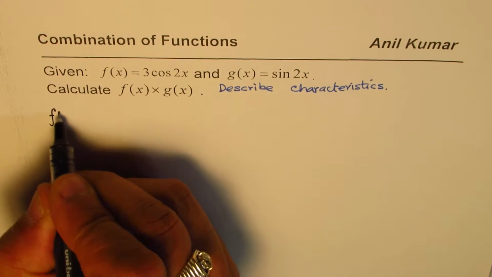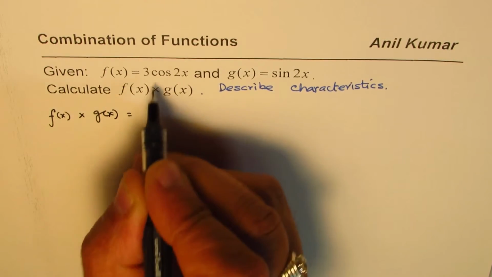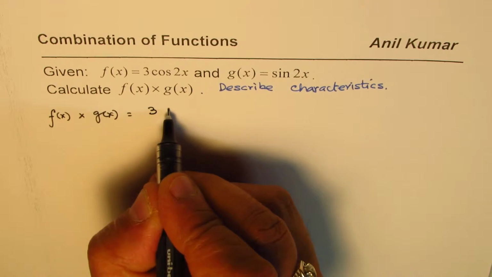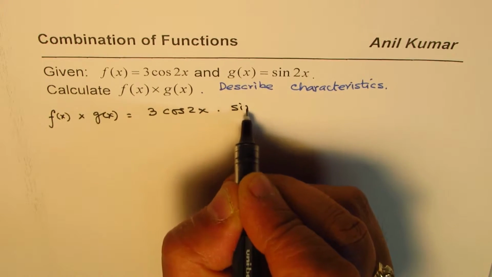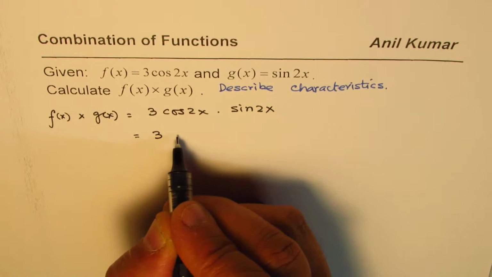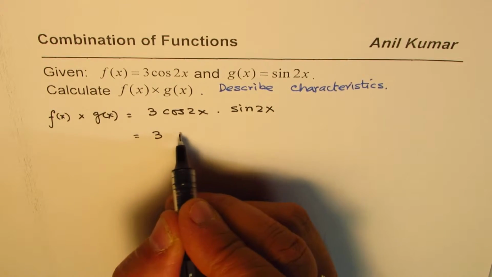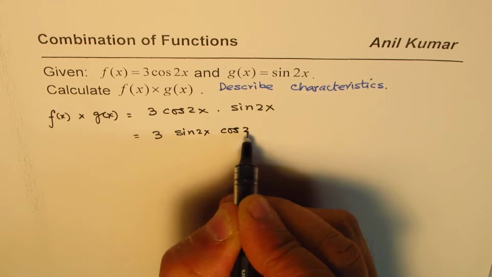So we have f of x times g of x, the product of these two. The functions are 3 cos 2x times sine 2x. Now that gives us 3 times, you could write this like sine 2x cos 2x.